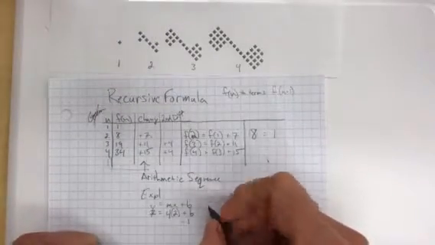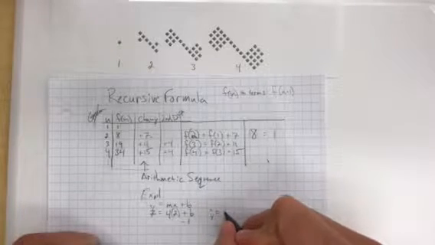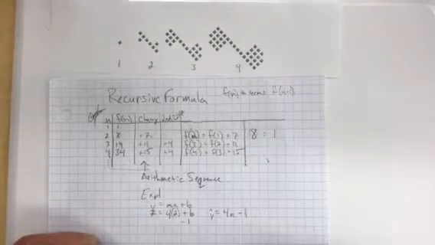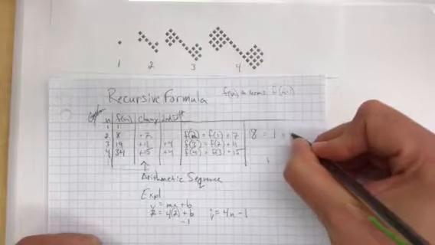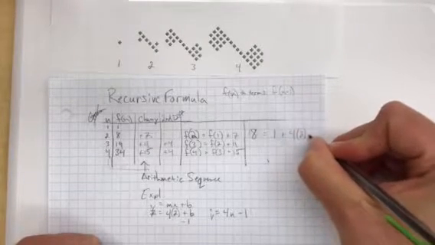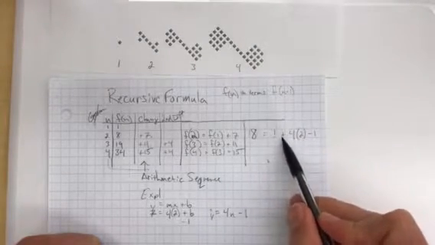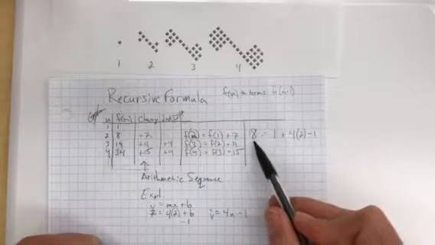Excuse me, I'll rewrite this. Okay, 1 plus 4 times 2 minus 1. And this is true. 1 plus 8 minus 1. 1 plus 8 is 9, minus 1 is 8.